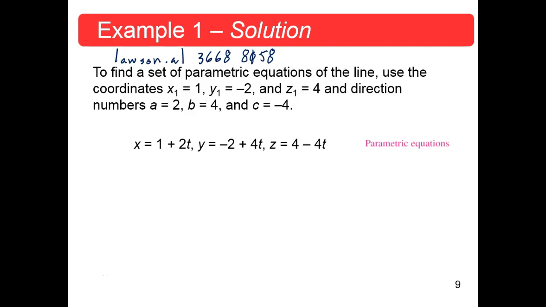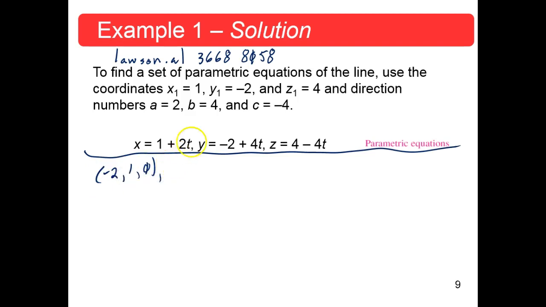Now, I'm going to write on this slide because they don't have a slide for this example. So let me write it here. Find a set of parametric equations of the line that passes through these 2 points. Here's the first point, -2, 1, 0, and 1, 3, 5.